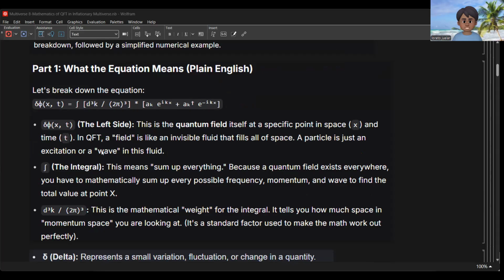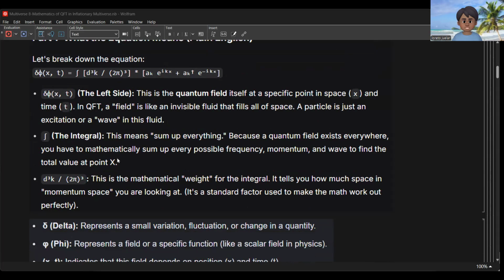This is a field that exists everywhere in space and time. This symbol means a small disturbance or fluctuation in that field. Think of a calm lake. The lake surface is the background field, and the ripples are the fluctuations.